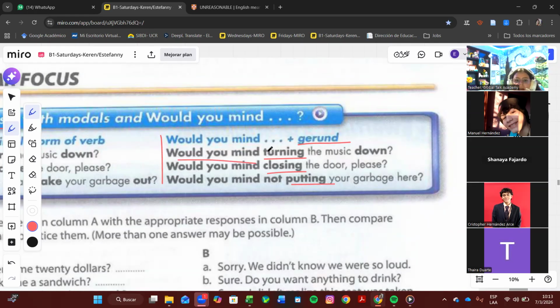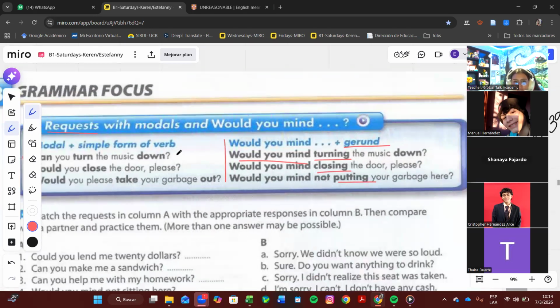We don't use the infinitive, like would you mind to turn down. So when we use it, we use ing. Would you mind turning the music down? Would you mind closing the door, please? And would you mind not putting your garbage here? So they are the same questions, but we are using different ways of asking.